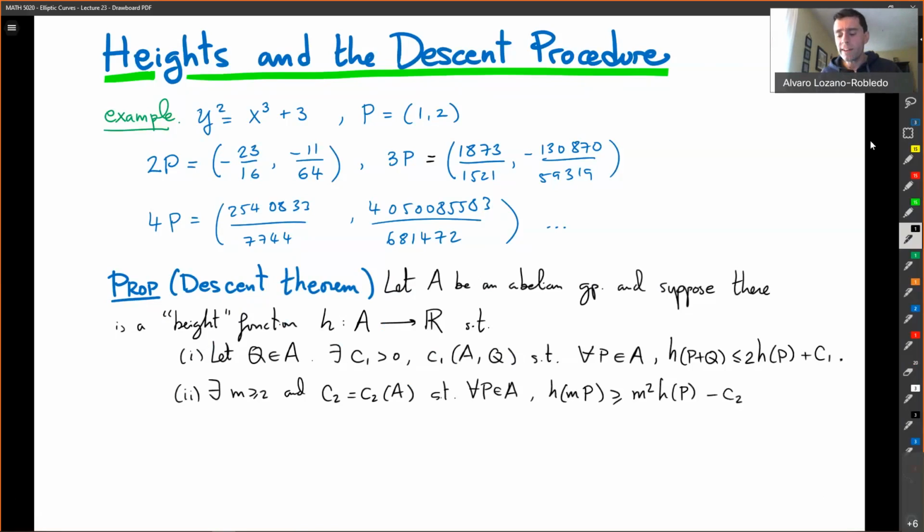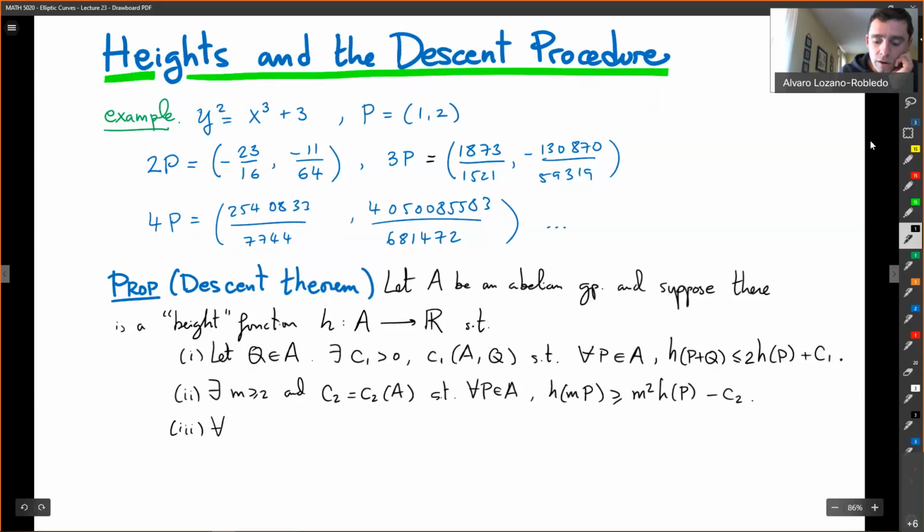Okay, so that says that the height grows quadratically. For this M, we're assuming that there is just one M where this works. This M is the one from the Mordell-Weil theorem, E mod M. So actually the theorem is going to work if we had proved that the weak Mordell-Weil theorem is true for one M. But we actually proved the Mordell-Weil theorem for all M. In this case, we just require that this happens for one M. 3.